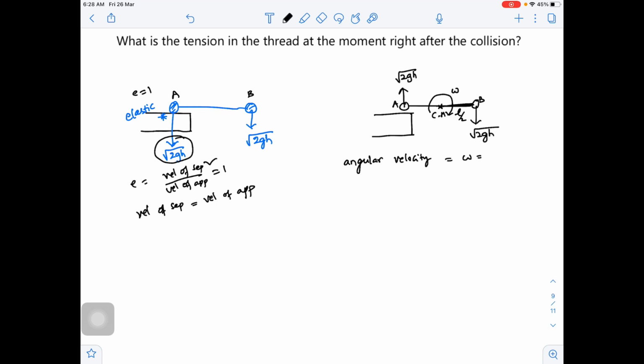Then omega we can write as usual V by R, V is equal to R omega. So omega is equal to root 2gh by L by 2, so I can write 2 root 2gh by L, that is omega.